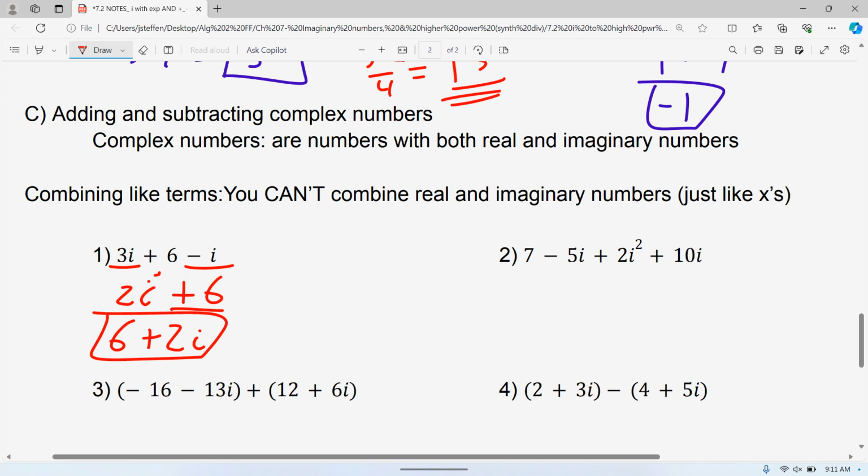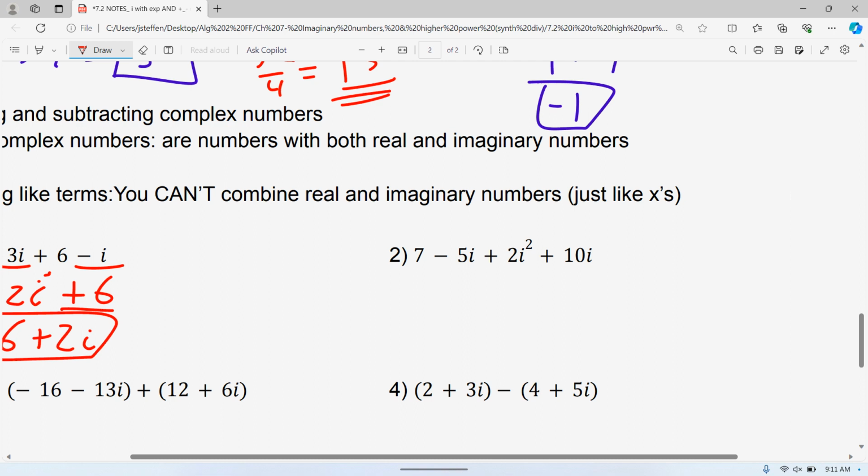Now, number 2, I threw an extra twist in there. I promise on these problems, I'm not going to put anything more than i squared. If I have anything more than i squared, it's going to be a problem like we just did, not an adding and subtracting problem. The reason for that, we'll talk about tomorrow. So I know i squared is negative 1. So before I do anything with this, I put in there 2 times negative 1, which is negative 2.